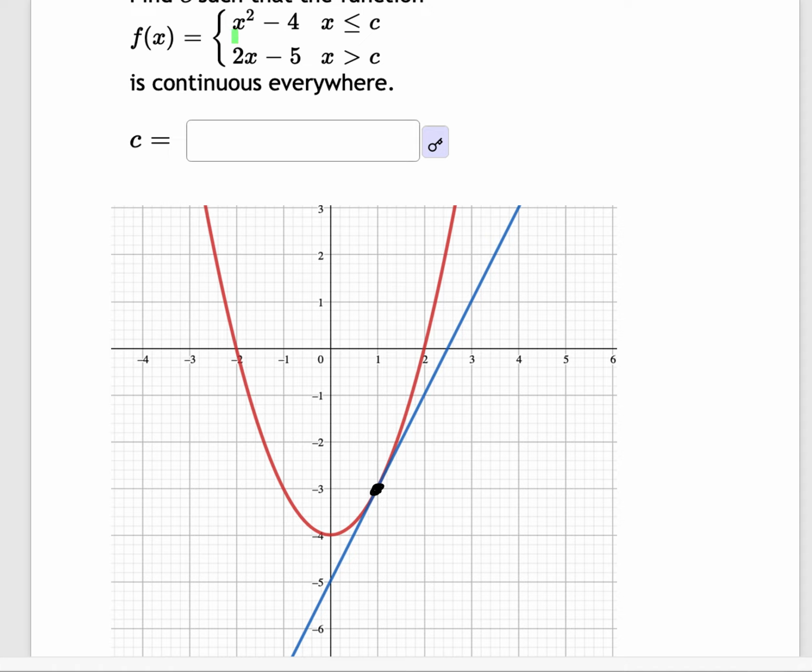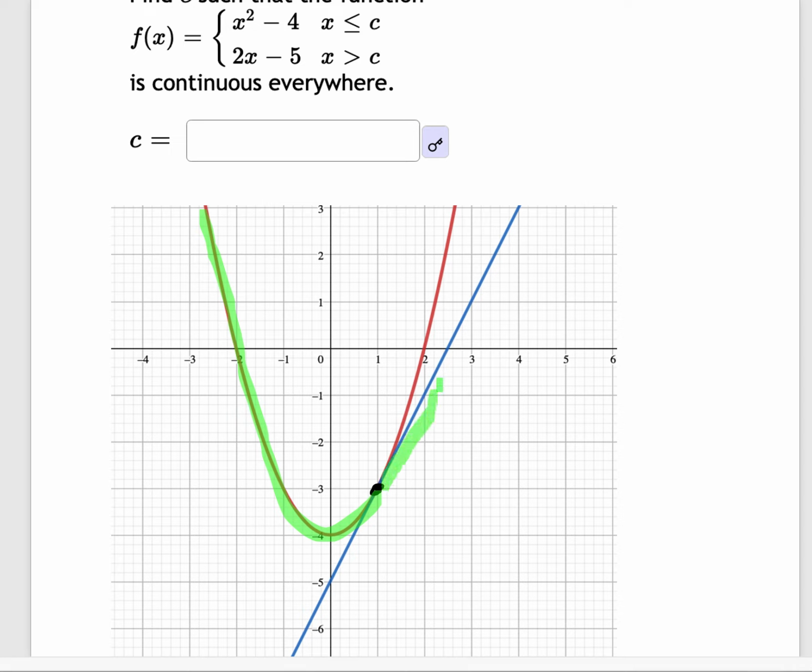But if we were to assume that 1 was our value of c, that would mean that we would take the quadratic for all the values less than or equal to 1. So we would use for our piecewise function this piece that I'm highlighting here, this piece for the quadratic, and then for the linear function, we would use the piece of the linear function that's greater than 1.